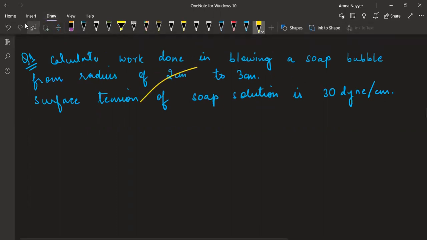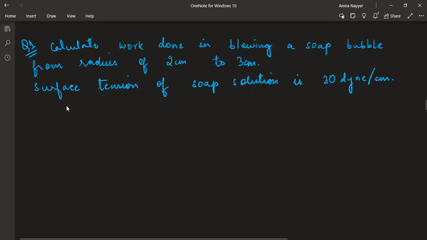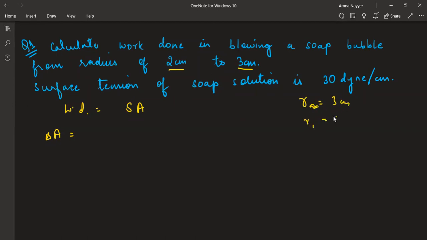Work done is simply surface tension multiplied by area. Surface tension is given as 30 dyne. Let us calculate the increase in the area, delta A. For a sphere, let's say this radius is R2, this radius is R1. R2 is 3 centimeter, R1 is 2 centimeter.